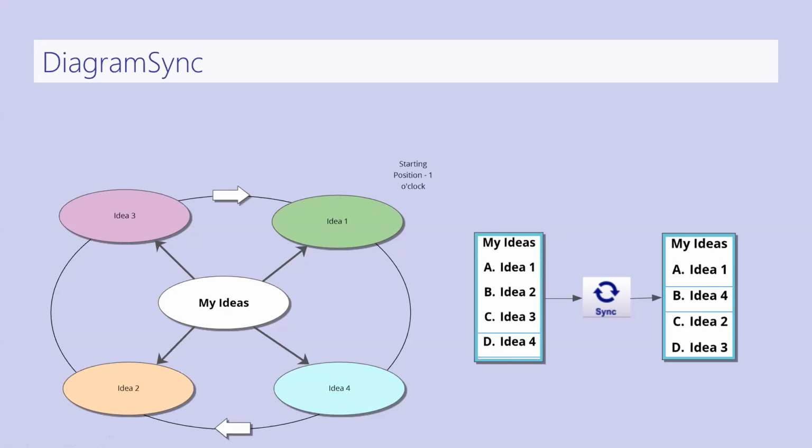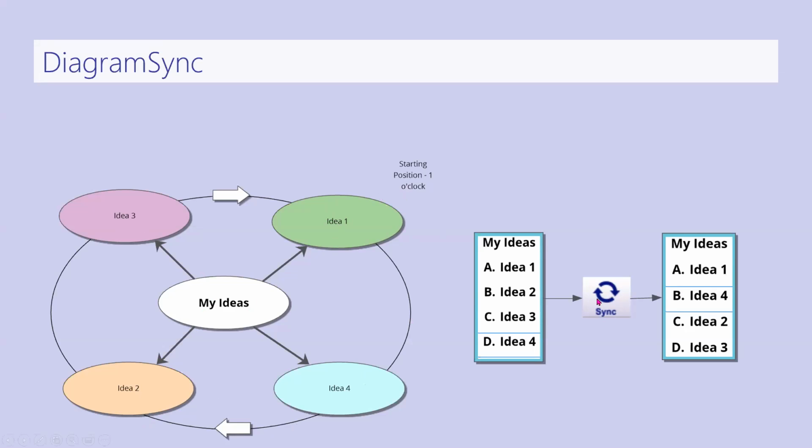But as they look at the diagram and reflect on how these ideas are connected up and how they want to position them, they might say, actually, I'm going to visually reorder this. So I want my idea 1 to be the first idea, my idea 4 to be the second idea shown in my outline, my idea 2 will be the third, and my idea 3 will be the fourth.